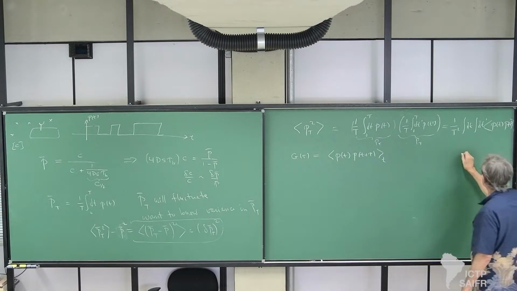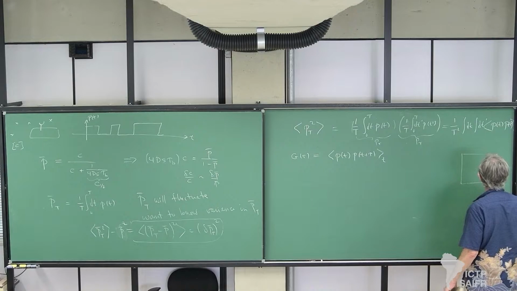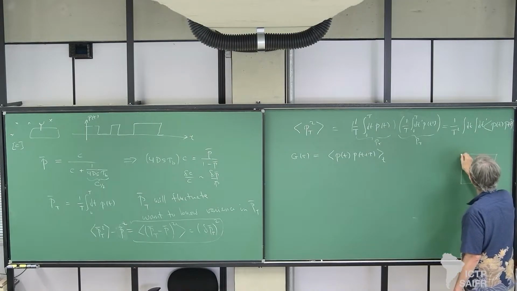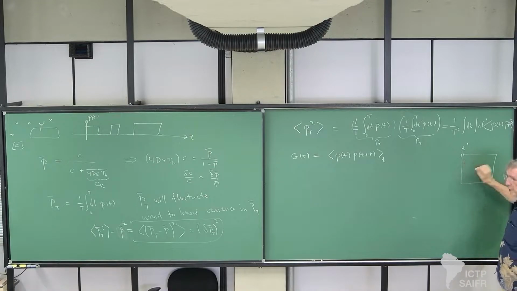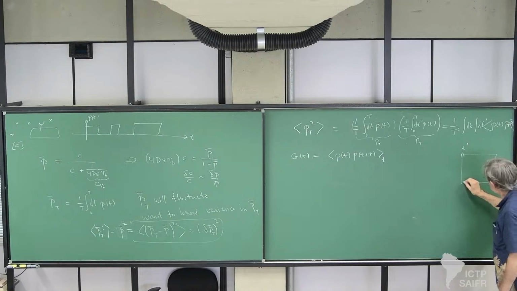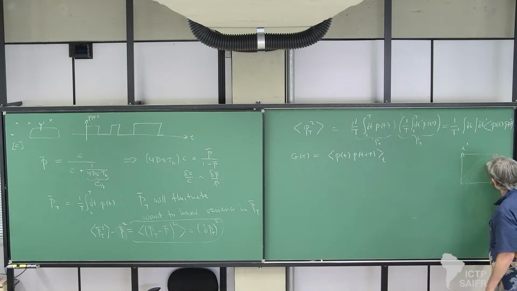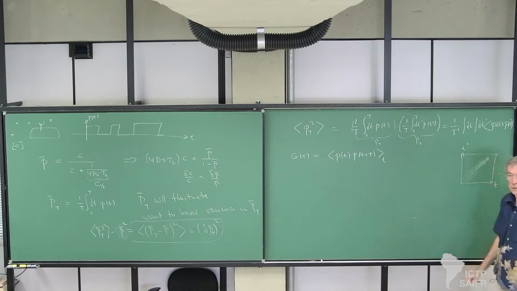Here's t this way and t prime that way, and I'm integrating over this square. But the thing I'm integrating really only cares about how far apart these two times are. So I can simplify the integral quite a lot.